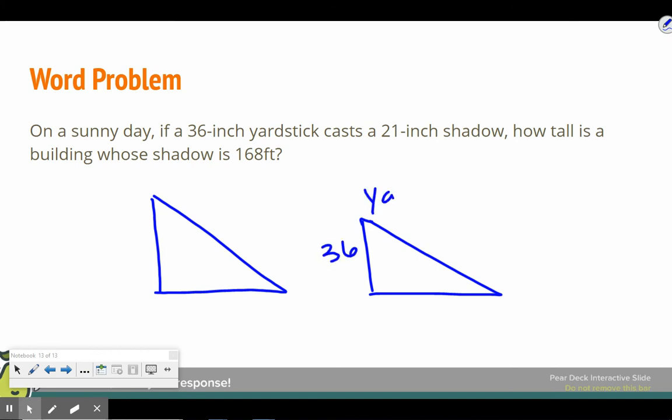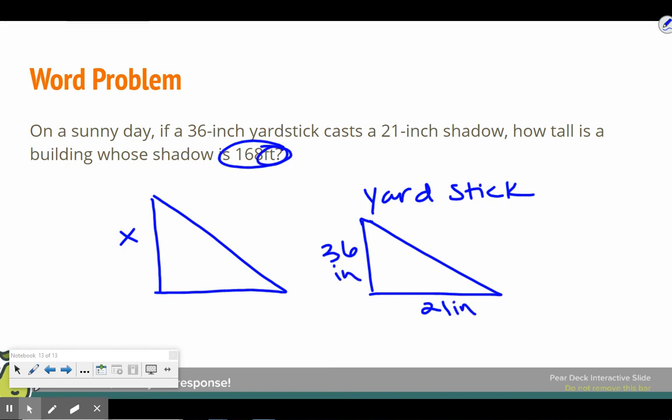We'll call this my yardstick, and it has a 21-inch shadow. How tall is the building whose shadow is 168 feet? Notice this was inches, and this says feet.